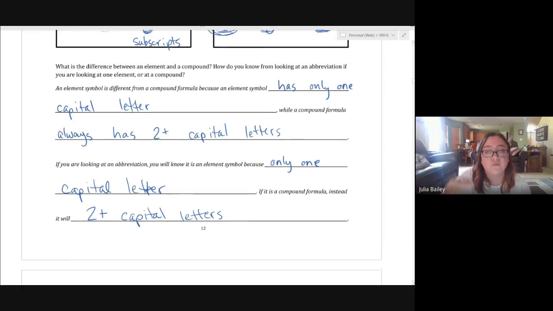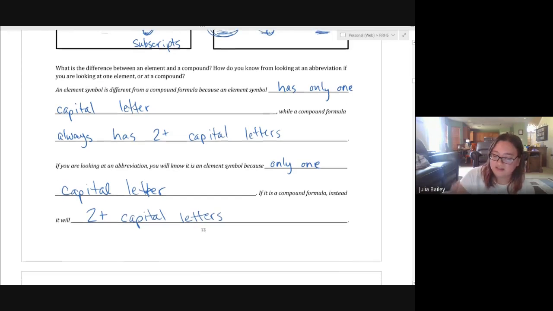And that also means when you're writing it, you need to be careful to write with a capital letter for the first letter every single time. Some people have handwriting where it kind of looks the same, capital and lowercase. Like I've seen people write cobalt's symbol as CO like this, but that's actually not cobalt.